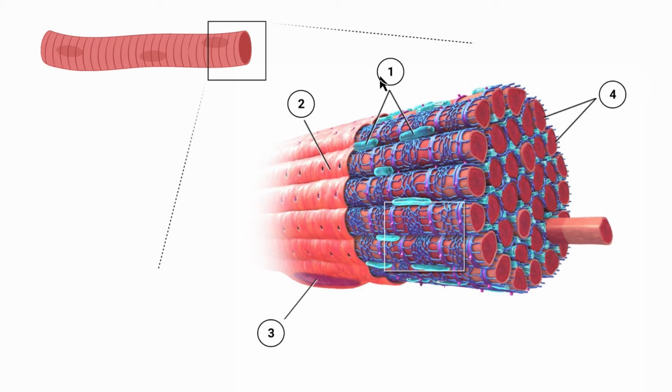And I've got these things labeled off. So 1, 2, 3, and 4. Number 2 would be your cell membrane. Number 1 is the powerhouse of the cell. I'm not even going to tell you what that is because I'm sure you know from your biology classes. Number 3 is your nucleus, and something relatively unique about skeletal muscles is that they have multiple nuclei.